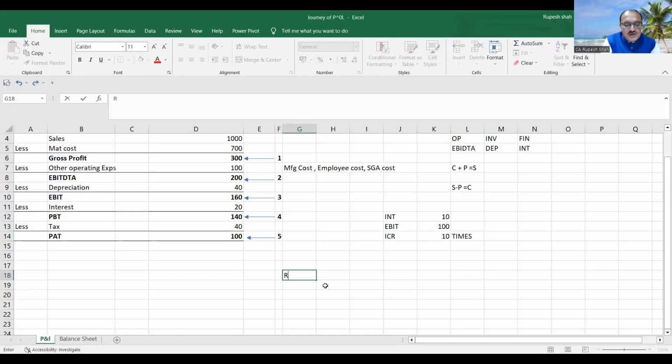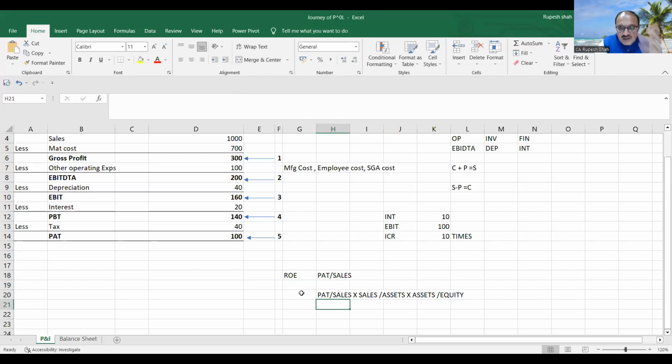Okay. Now please understand what is return on equity. It is the PAT divided by the sales. So far, so good. Now you can mathematically multiply this: PAT divided by sales, multiplied by sales divided by assets, multiplied by assets divided by equity.